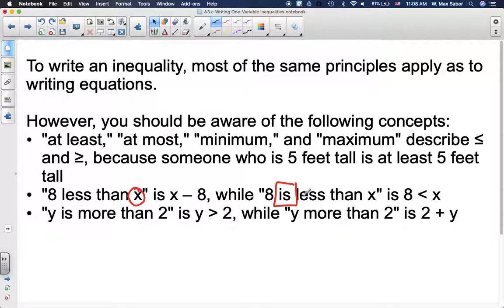"Is" represents comparison. "Is" without a "less than" is saying equal, but "is less than" is a comparison. Without an "is," we're using operations like subtraction. Y is more than 2 is a comparison, while Y more than 2 is addition.